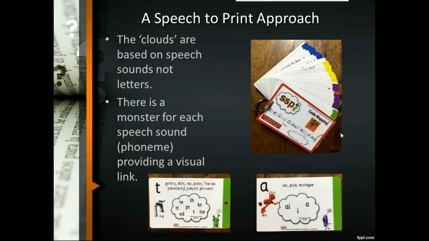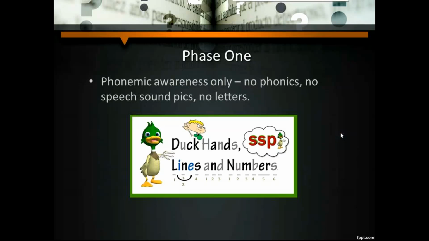Phase one of the program is phonemic awareness only. So there's no phonics, no speech sounds, no letters. It's just phonemic awareness. So there's not a written letter in sight. And it involves learning about duck hands, lines and numbers, which Dania talked about in hers. So she had each line representing a sound in the word.